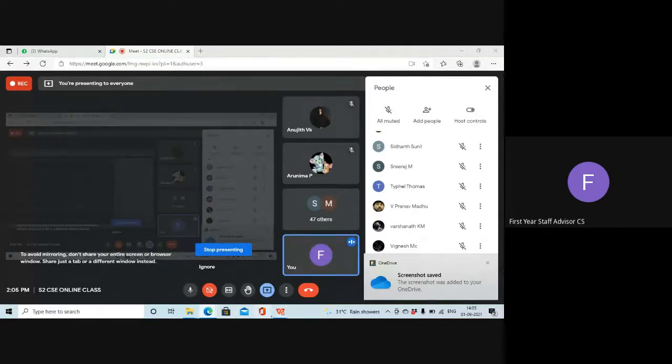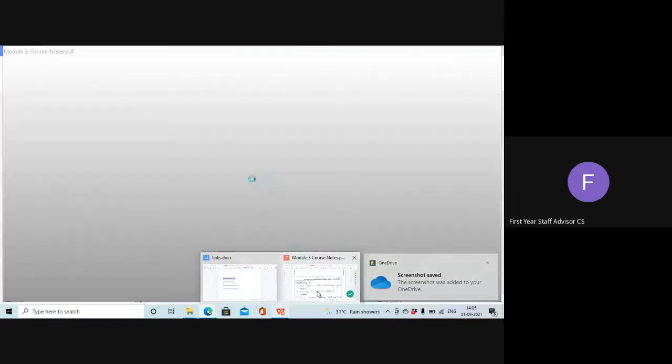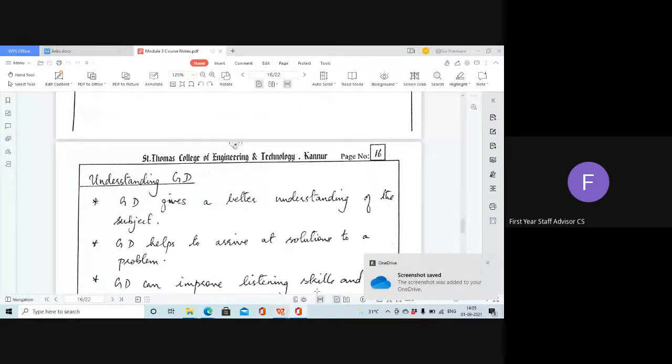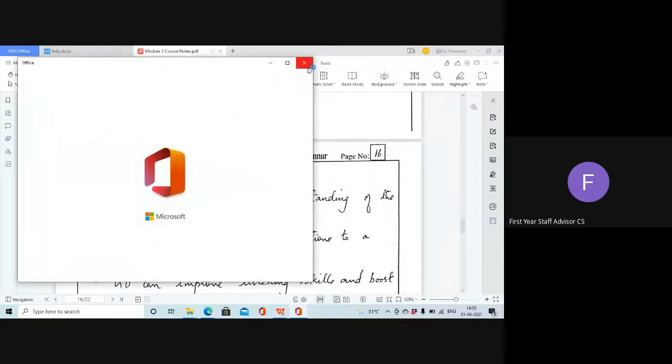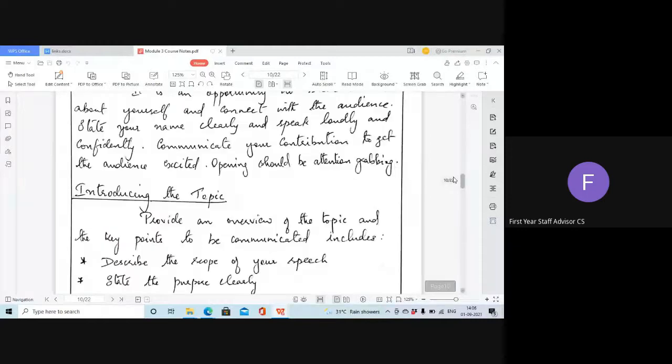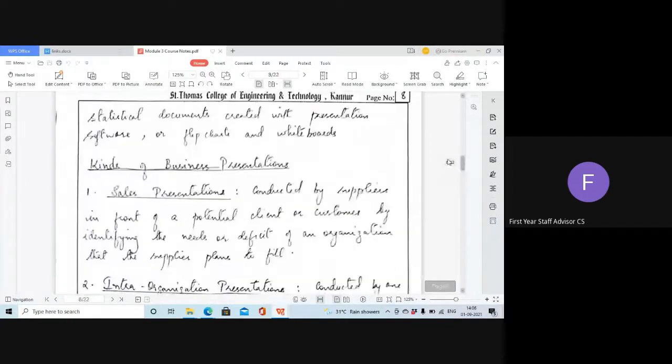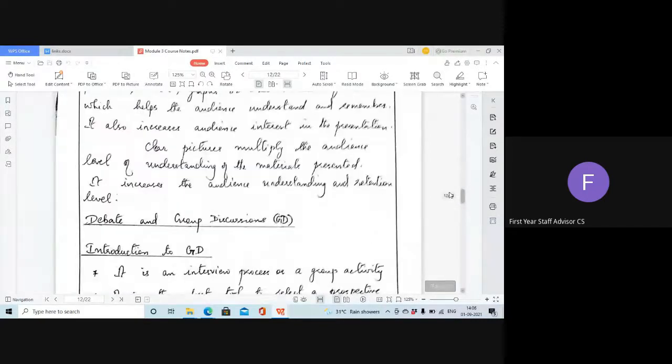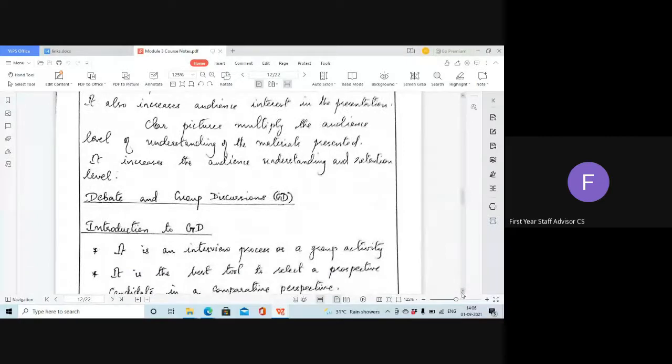So let us move on to the section which we had stopped in the last class. Last class we were discussing group discussion and debate, and the difference between them.